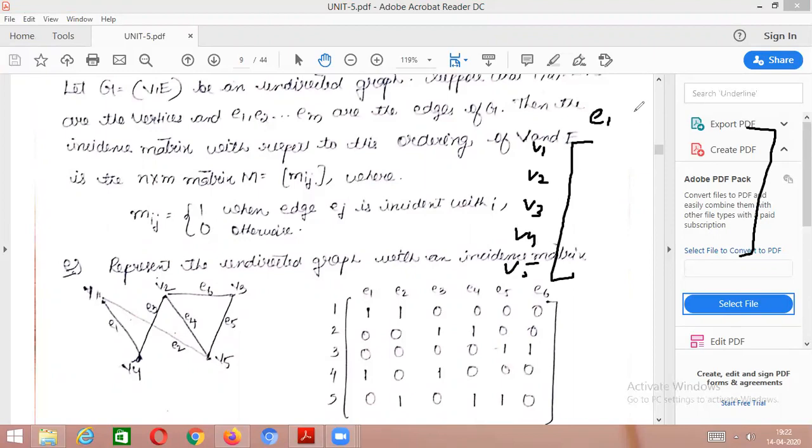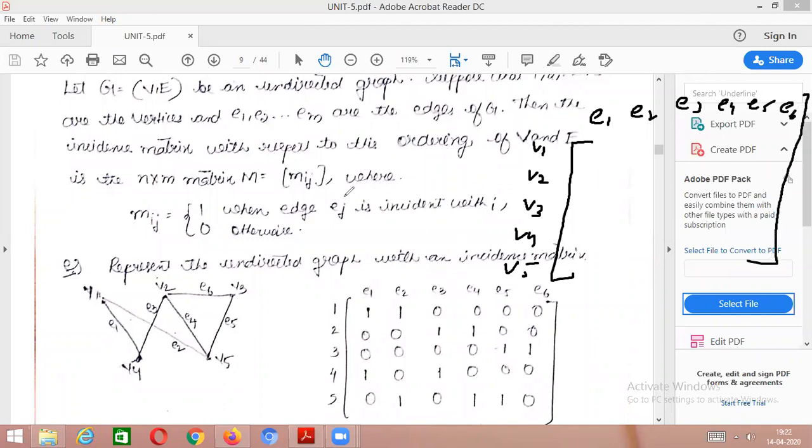And the edges: E1, E2, E3, E4, E5, E6. To understand this, first I'll write one row.